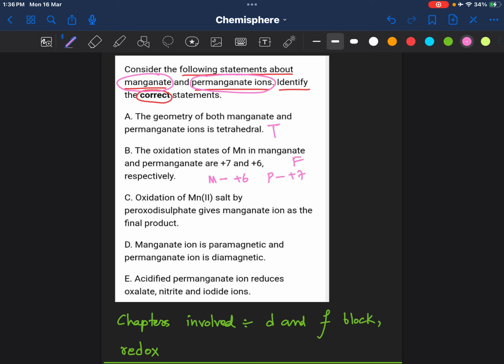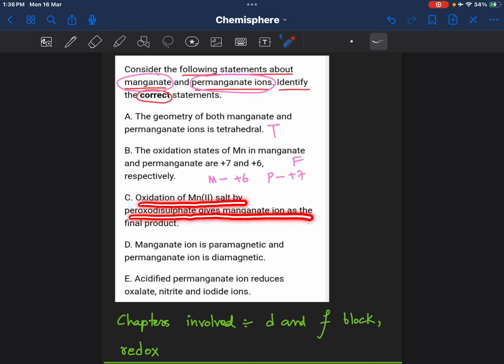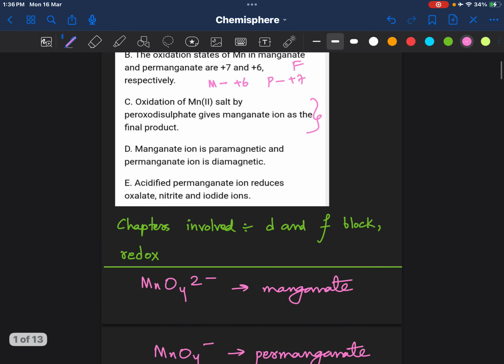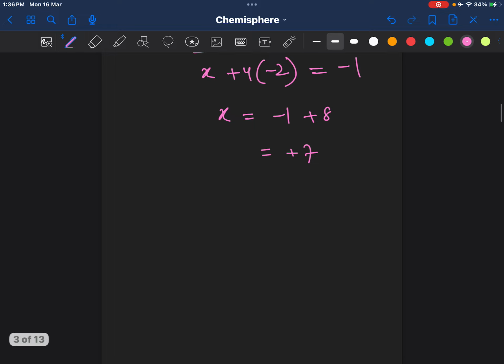Third one: oxidation of Mn+2 salt by peroxodisulfate gives manganate ion as the final product. If you have gone through NCERT of the d and f block, this is one of the methods to prepare permanganate. Mn+2 salts react with peroxodisulfate, S2O8 2 minus, and water. This is the lab method of preparation of permanganate, not manganate.